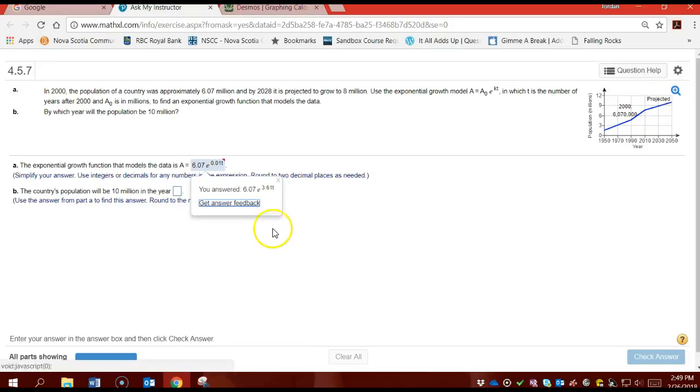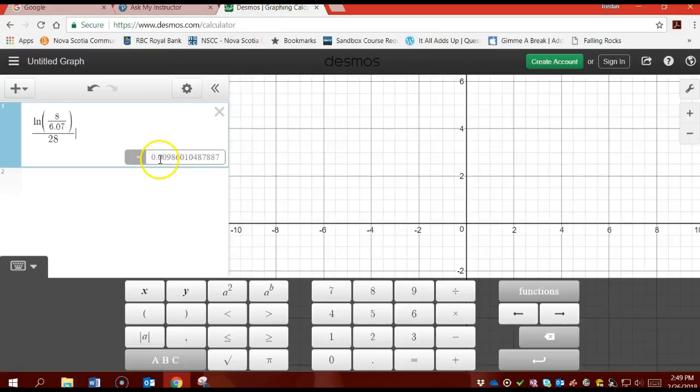You put 6.07e to the 3.6, but I got 0.012, right? Yeah, just rounding here. So, I don't know, buddy. I suspect maybe you just made a little input error there or something. Make sure that that's bracketed, and make sure the whole thing is divided by 28 as well. Best I can do for you.